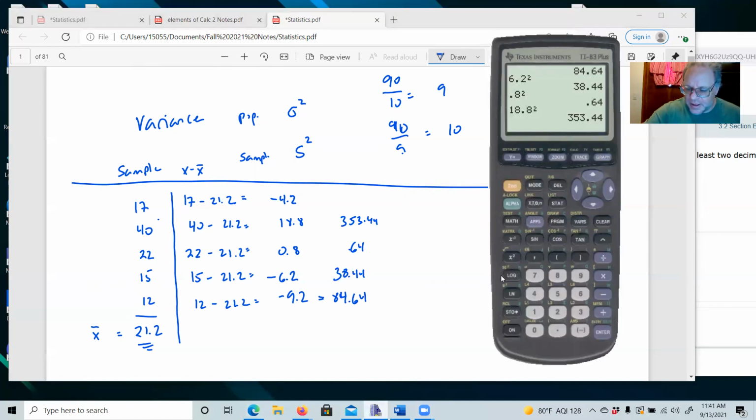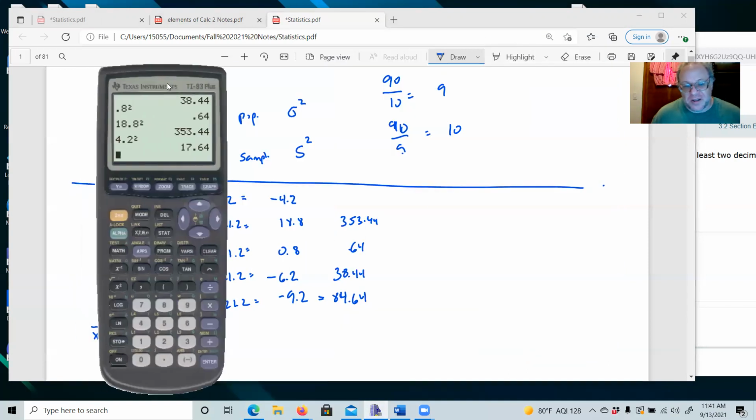And then 4.2 squared. Why aren't you typing in the negative? Because it's going to be a positive number after I square it. We don't need to type in the negative.